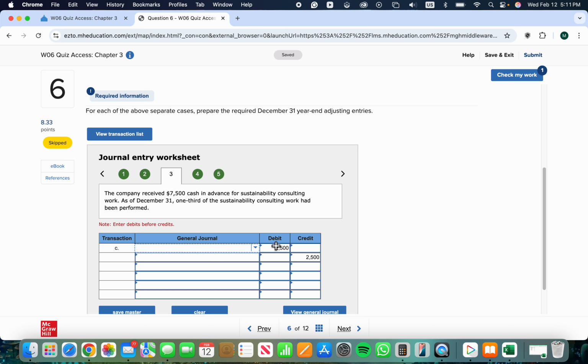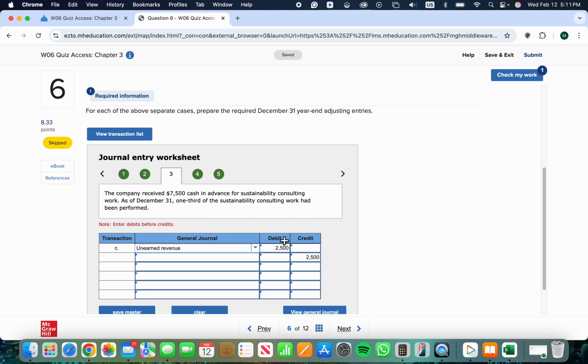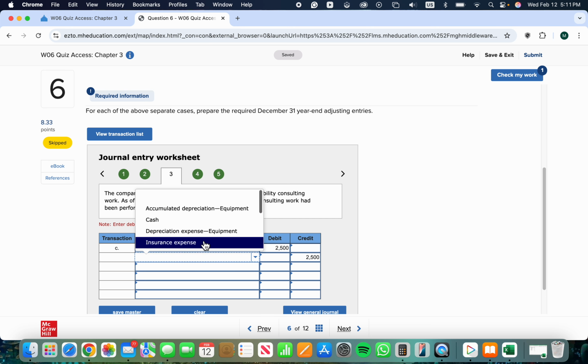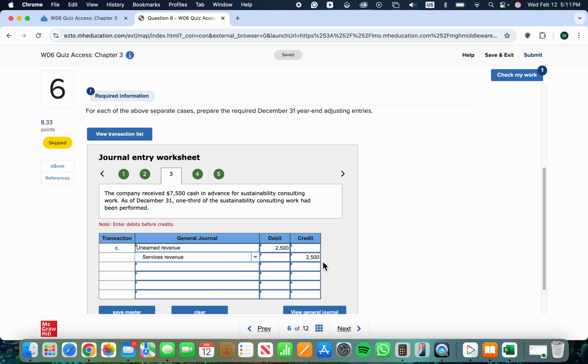So we would go, no, actually, yeah, it goes to revenues. It's unearned revenue. So in this case, because revenues grow with credits, it's minusing the 25 as a debit, and then adding a service revenue for the calculations for the amount that's already been done.